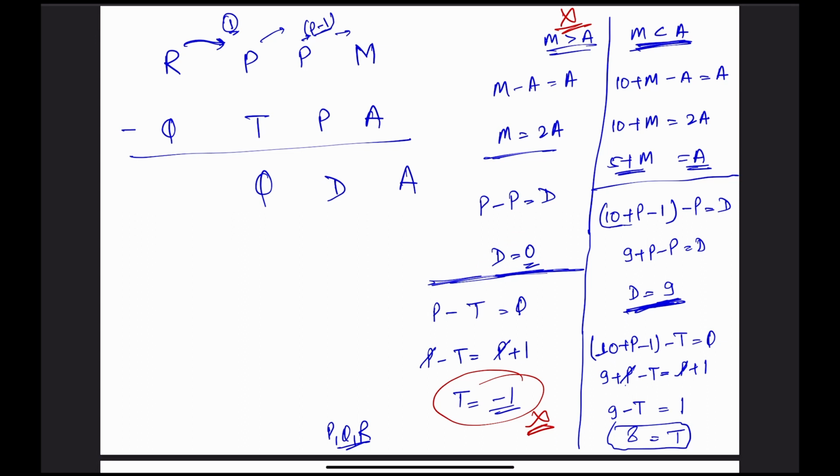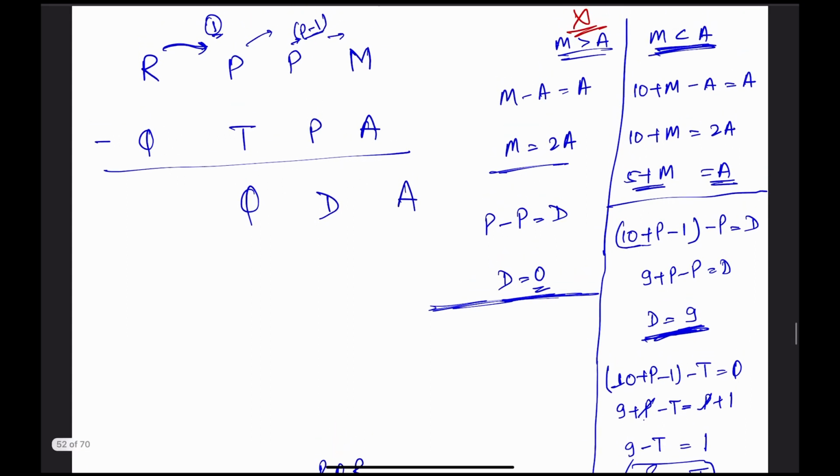Okay, so wait a second. In this case, okay, I made a mistake. So again, D equal to 0. Okay, this much is done.